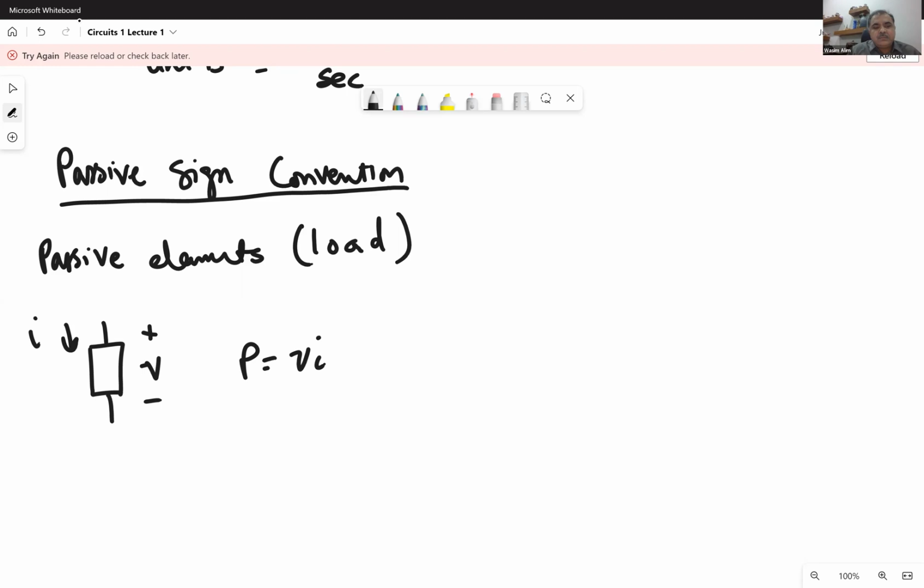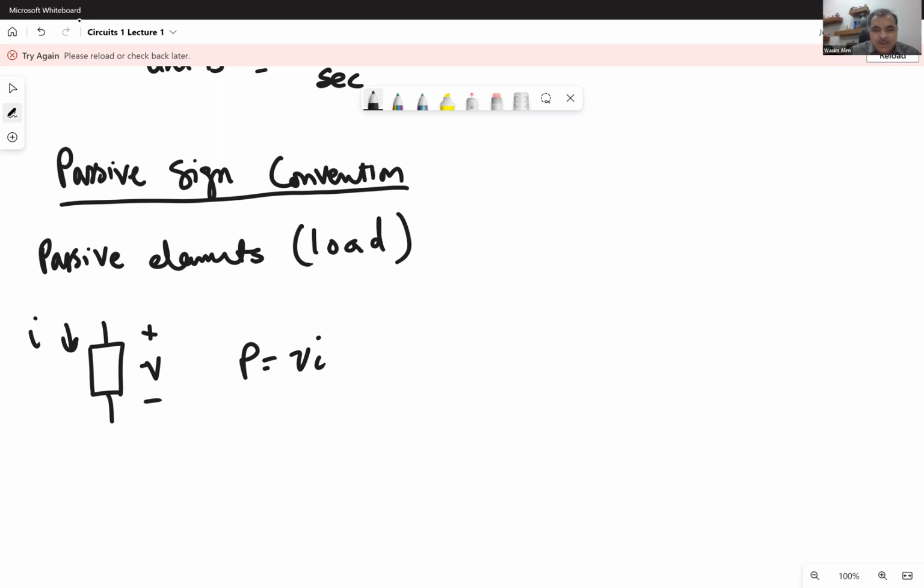So for a passive element, as part of the passive sign convention, the current will be entering through the positive terminal. Okay, so that's kind of an important distinction. And when it is entering the positive terminal, that means that the power dissipated by that device is going to be positive, right? So in other words, it is absorbing power, right?